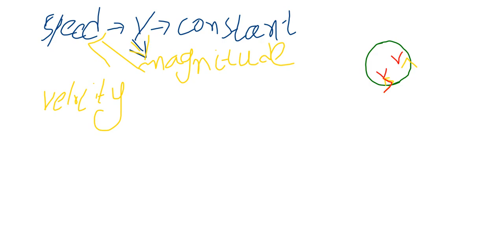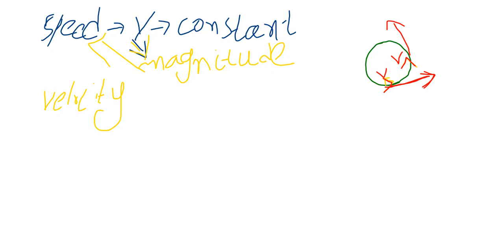So an object is moving in uniform circular motion. Is velocity constant or not? No, velocity is not constant. Speed is constant. Now the object comes to here. Here also the speed is constant, but now the object moves in this direction. So its velocity changes.